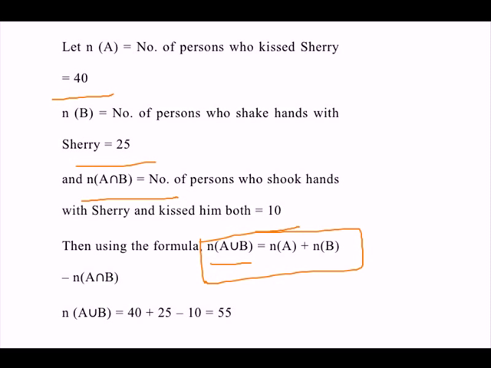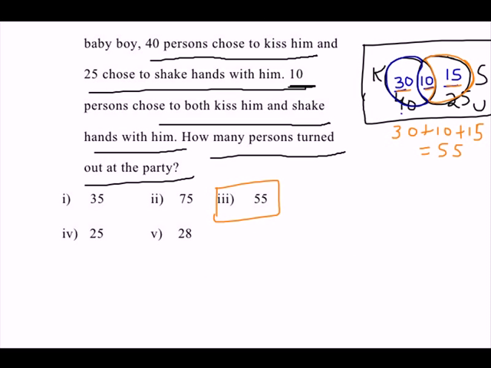Number of people in A union B is equal to the number of people in set A added to the number of people in set B minus the number of people which are common.